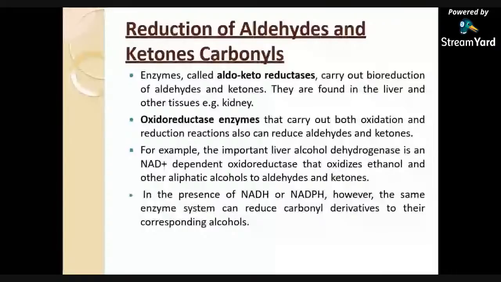Oxidoreductase enzymes that carry out both oxidation and reduction reactions can also reduce aldehyde and ketone moieties. For example, the important liver alcohol dehydrogenase is an NAD plus dependent oxidoreductase that oxidizes ethanol and other aliphatic alcohols to aldehydes and ketones.